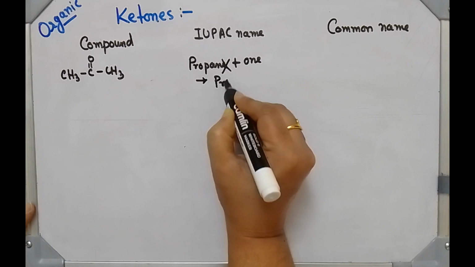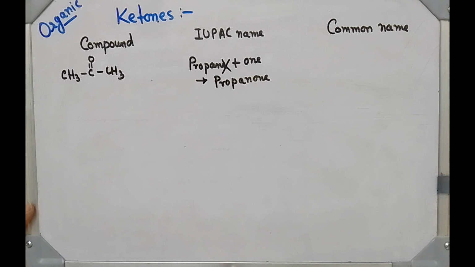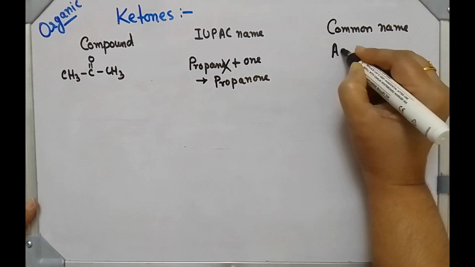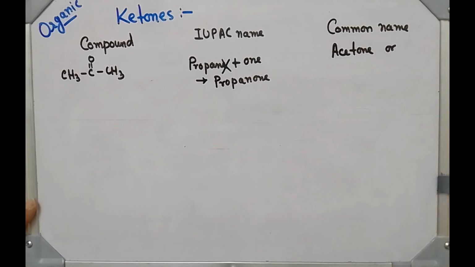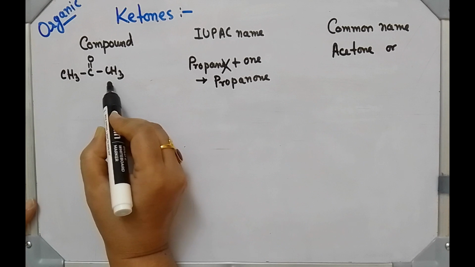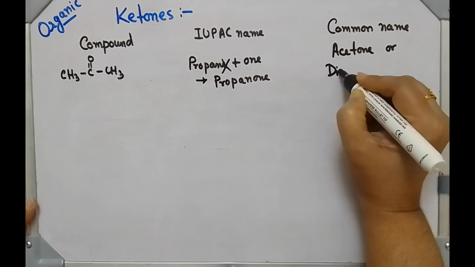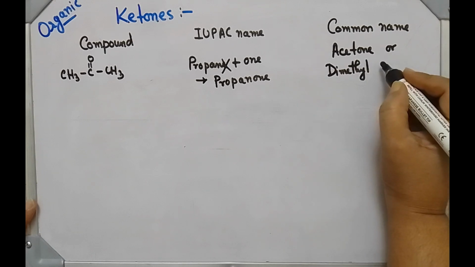So its IUPAC name will be propanone. And its common name is very famous, acetone. Or you can say there are 2 methyl groups, so dimethyl ketone.